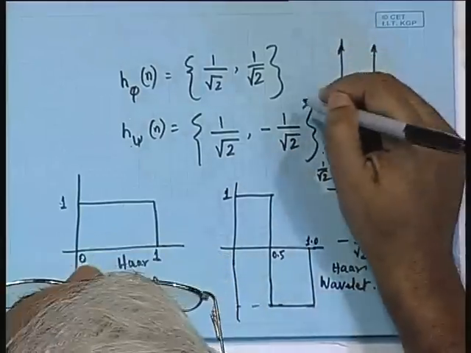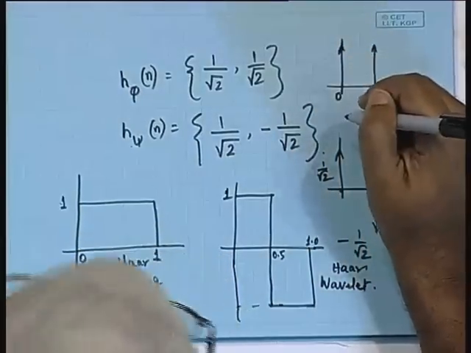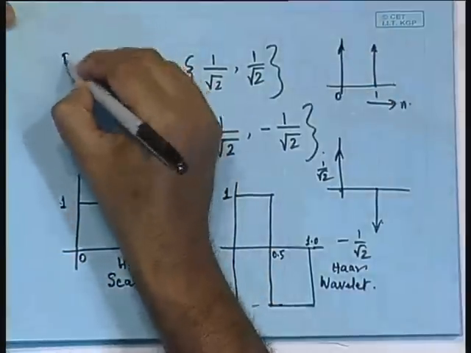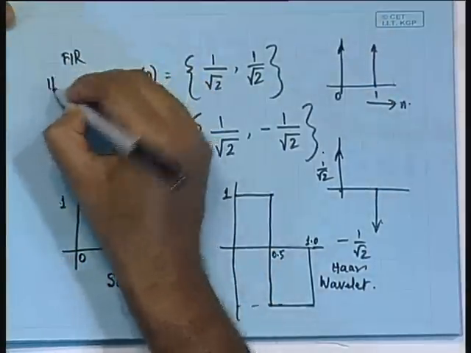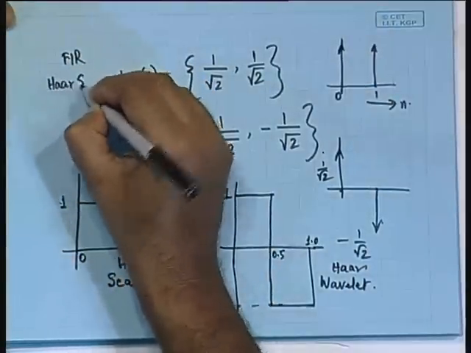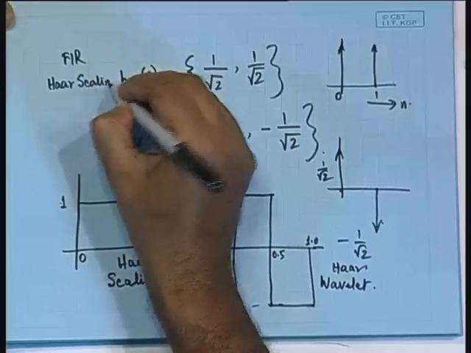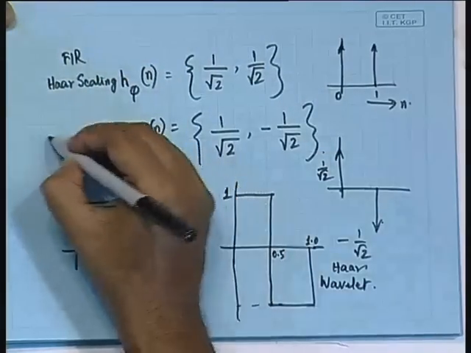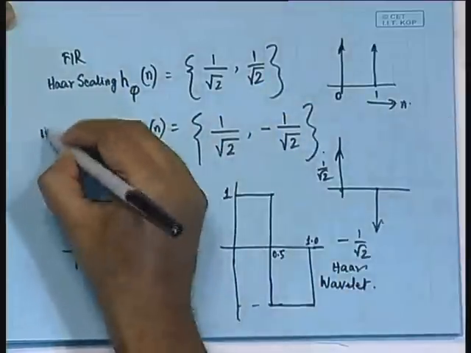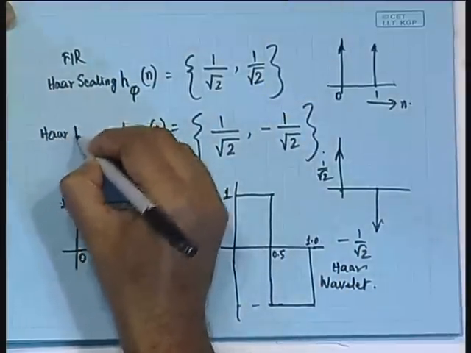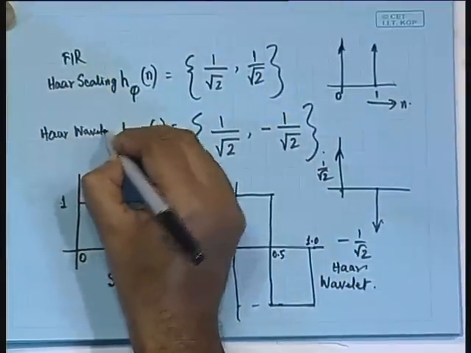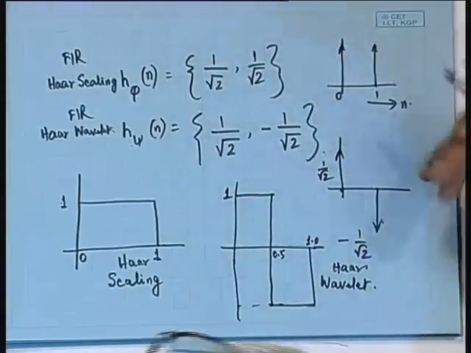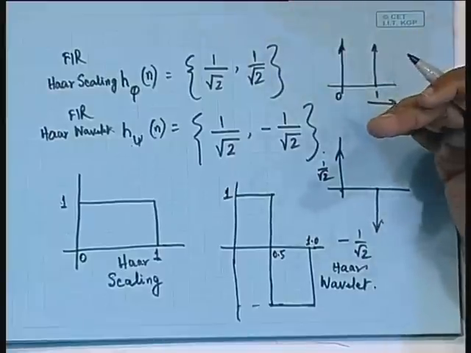Now, this is just the FIR filter version of Haar scaling, and H psi of n will be the FIR version of the Haar wavelet. Followed my point? So one can apply this very easily.